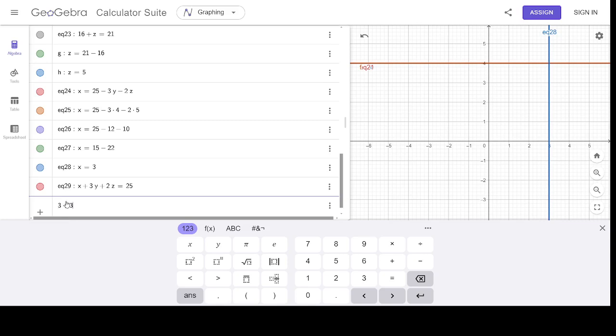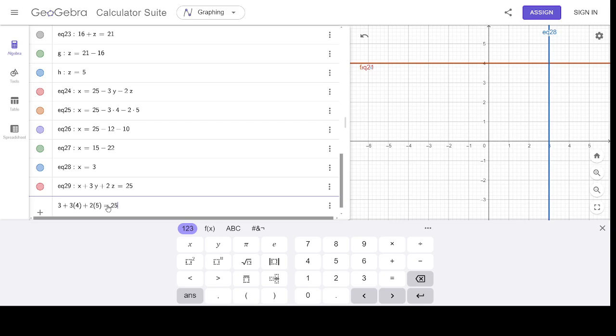So it's 3 plus 3 into bracket, our y is 4, plus 2 into bracket, what's the value of z? 5. Now we want to check if this sum equates to 25.